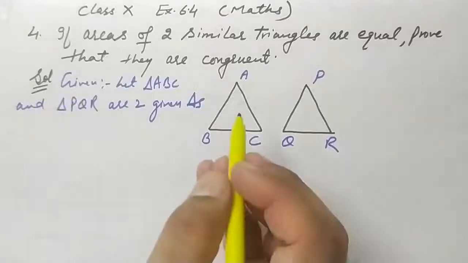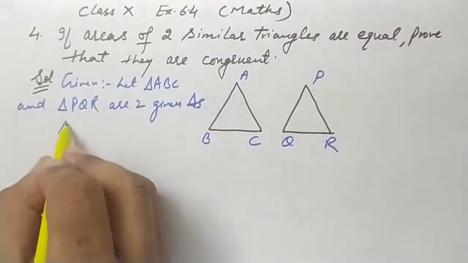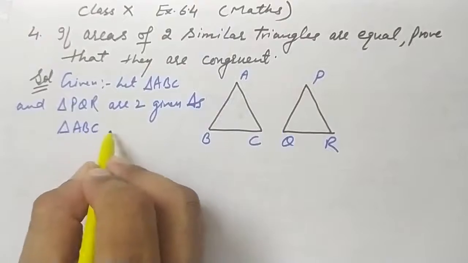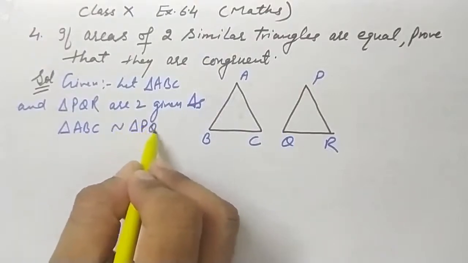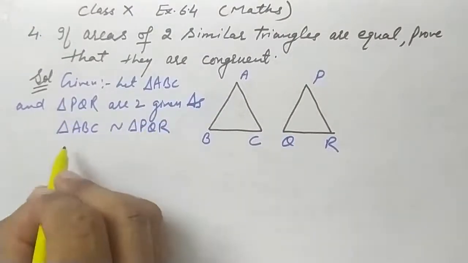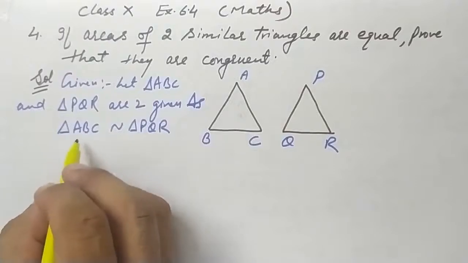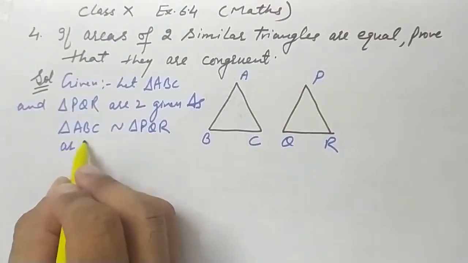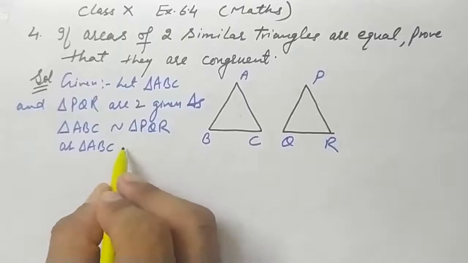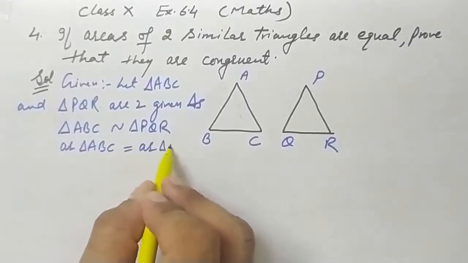So what is given first of all: these two are similar. So it means triangle ABC is similar to triangle PQR. And one more thing is given, that their areas are also equal. So we'll write here, area of triangle ABC is equal to area of triangle PQR.